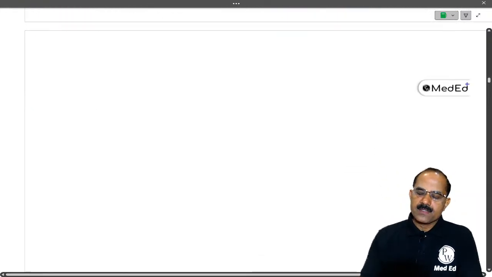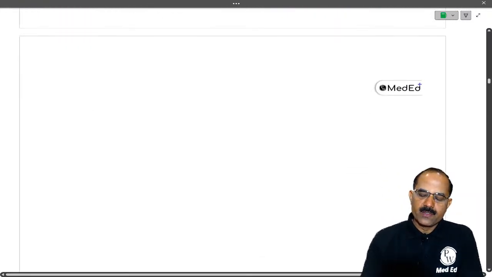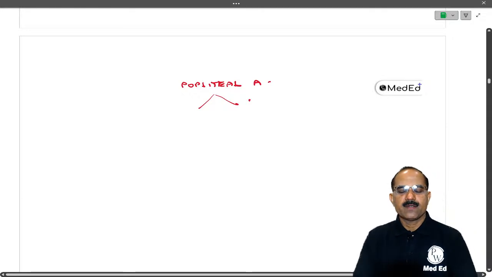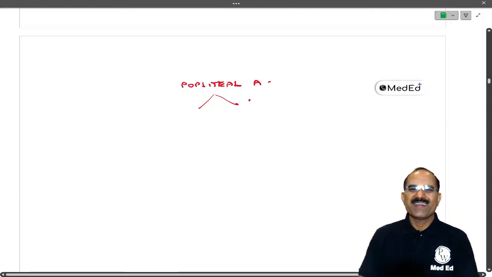I'll just make this flow chart for you. बच्चों देखो, if you know this, you answer this. Popliteal artery है ना, popliteal artery के दो terminal branches होते हैं. Yes, very good.